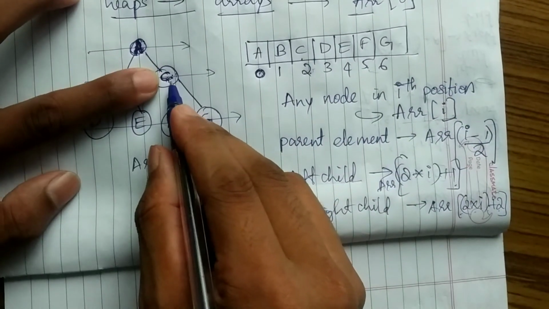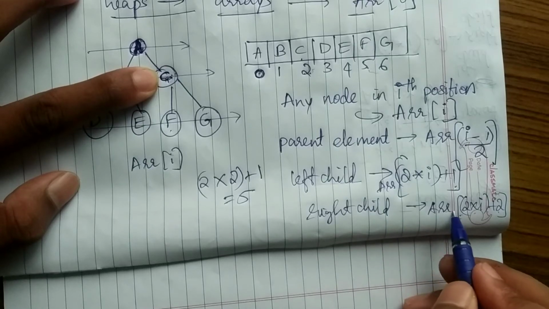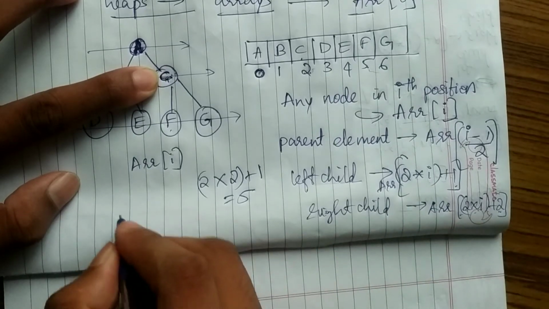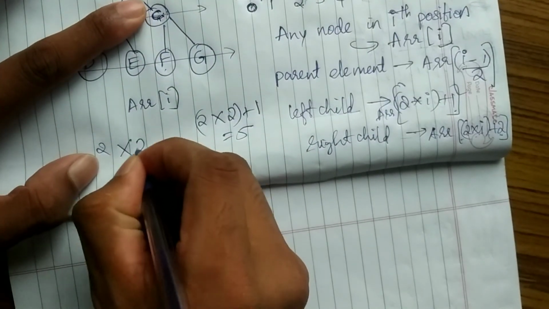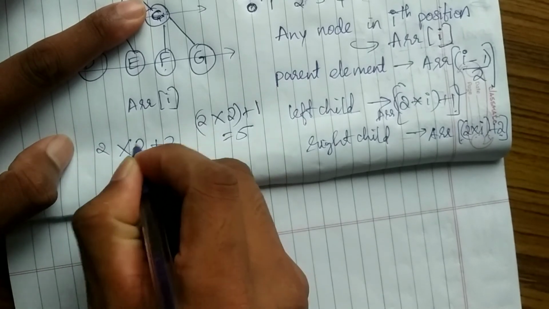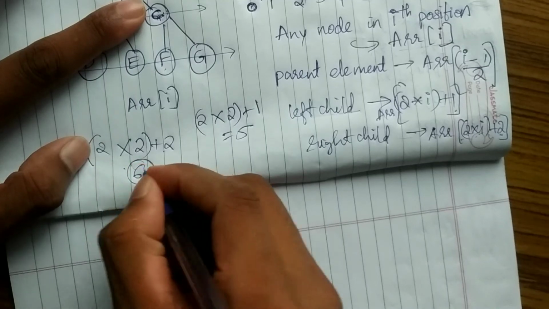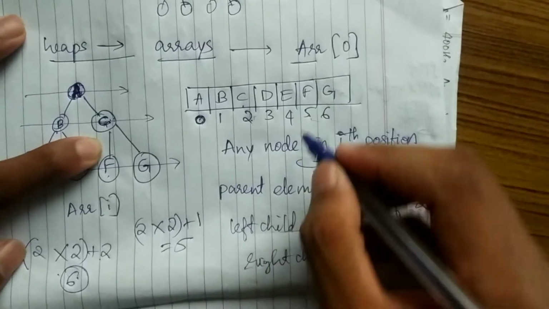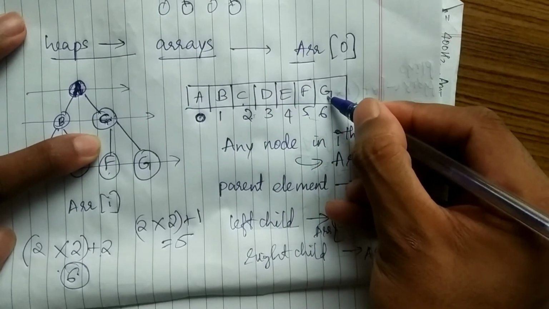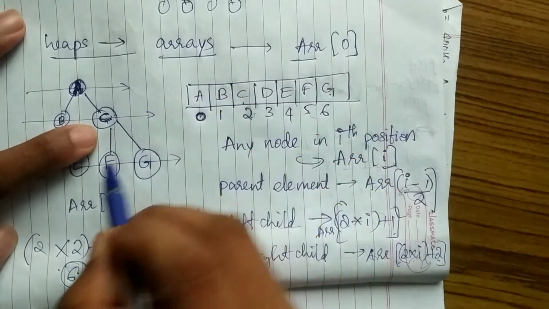What is the right child of C? The right child is nothing but 2 into I plus 2. 2 into 2 plus 2. What is 2 into 2? 4. 4 plus 2 is 6. What is in the 6th position? G. So the right child of C is G.